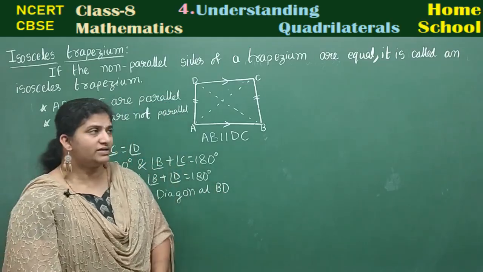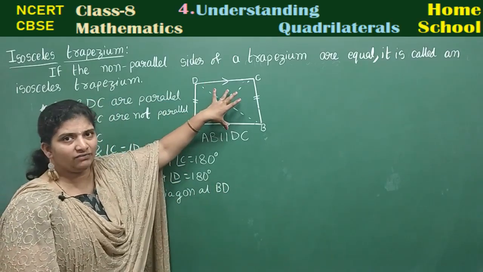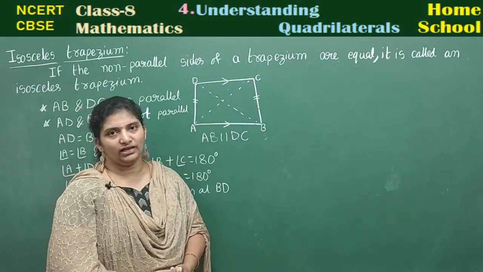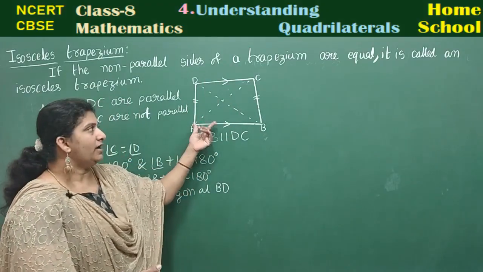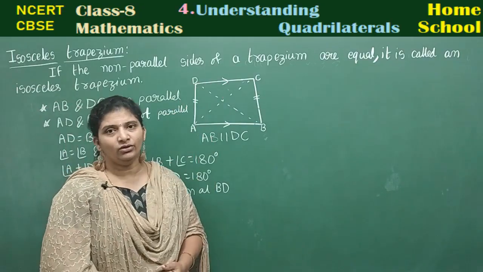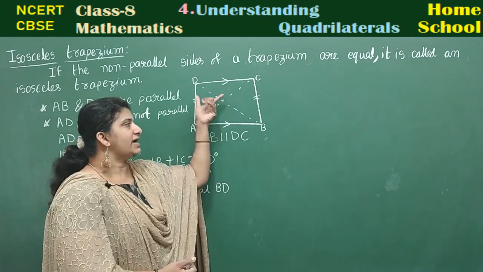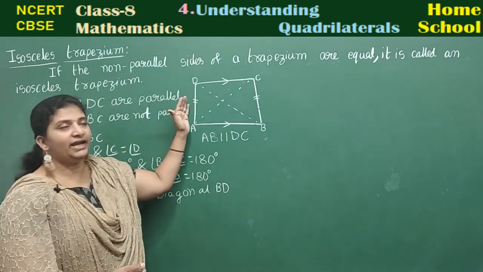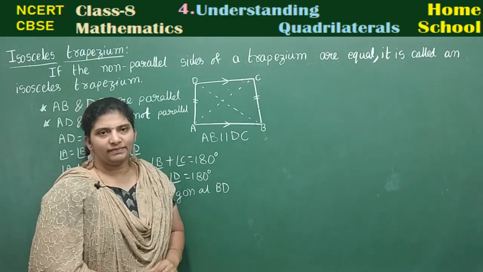One pair will be parallel, we know, and the non-parallel sides are equal in length. AB parallel to DC and AD is not parallel to BC. AC and BD are the diagonals. Diagonals are equal. AD is equal to BC.